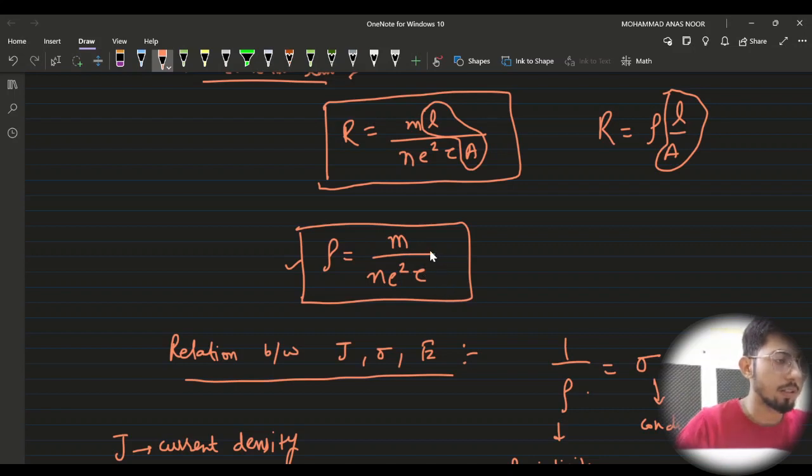As you can see, it depends on the mass of the electrons, the number of electrons per unit volume, and tau, the relaxation time. These may be different for each of the metals. Maybe tau is different for iron and copper. That's about it.